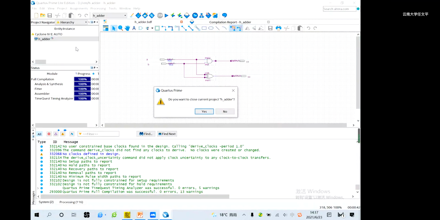Close this project and create a new project.